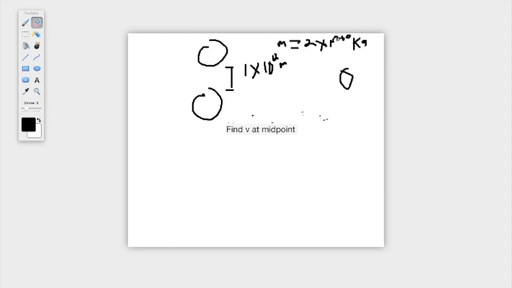Everything's at rest until they pull a comet towards them. Both of them pull the comet towards them, and this comet's initially at rest.